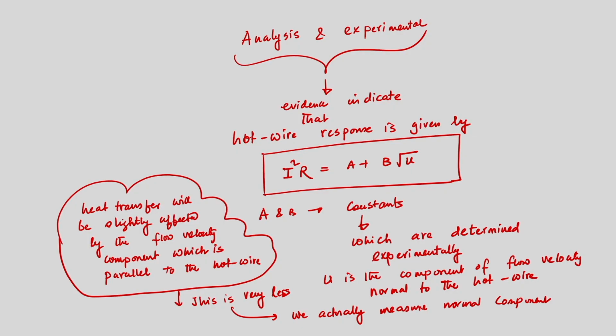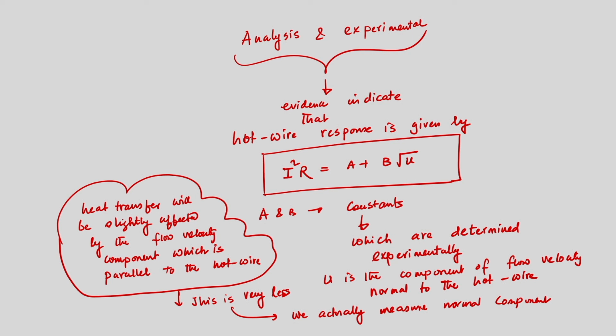By measuring the heat transfer, that is nothing but I squared R, the response is given by analysis and experiment through the formula A plus B root u, where A and B are constants determined experimentally and u is the velocity component. But the velocity component u that we measure using this probe is the normal component, which is normal to the hot wire.